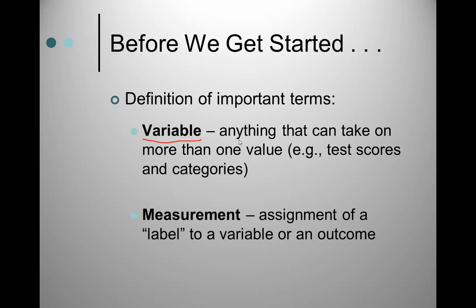The second definition is measurement. We will assign some kind of label to a variable or an outcome. And that simply is like the score on that particular test item or test question or test itself. Did the student get it right? Did they get it wrong?